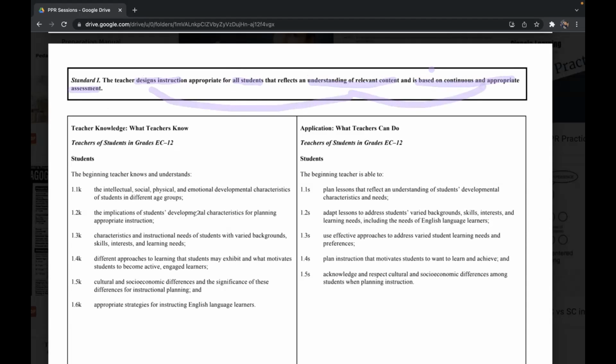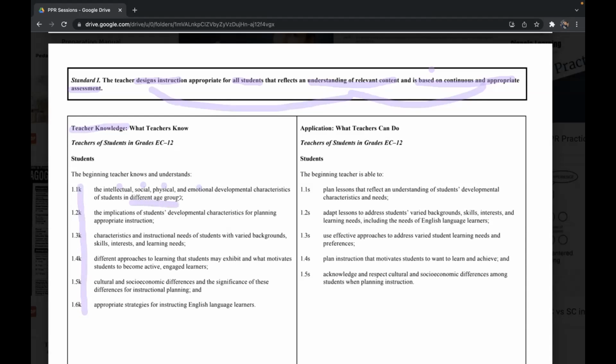and doing assessments. Now, on this side, you have the teacher knowledge. These are all of the things you have to know. And they're labeled with a K. It's all the way down. So for instance, here, 1.1K, you have intellectual, social, physical, emotional, developmental characteristics of students in different age groups.